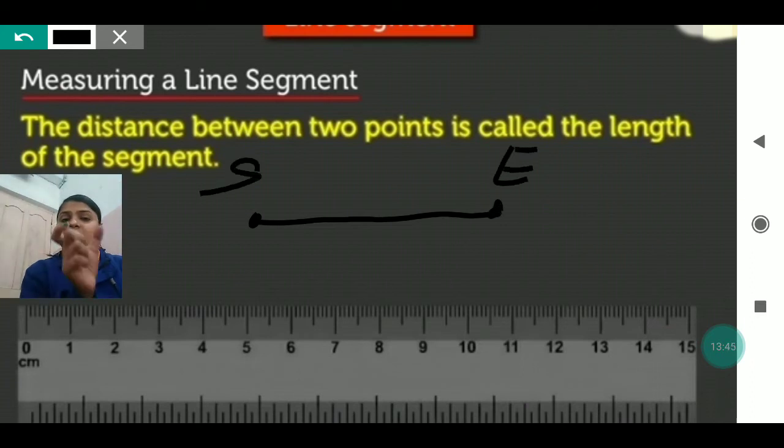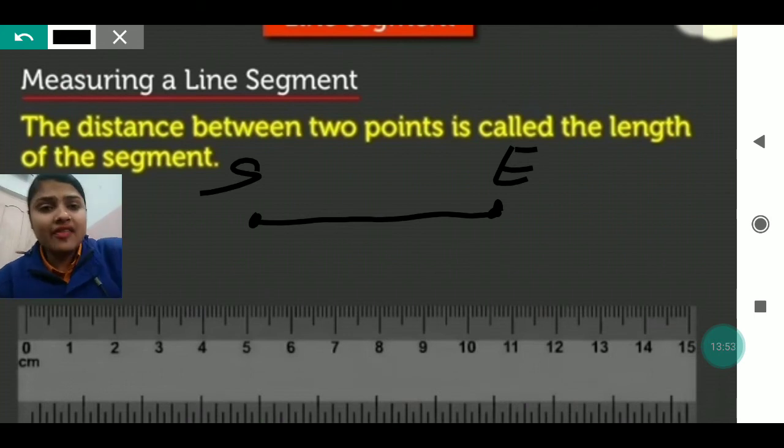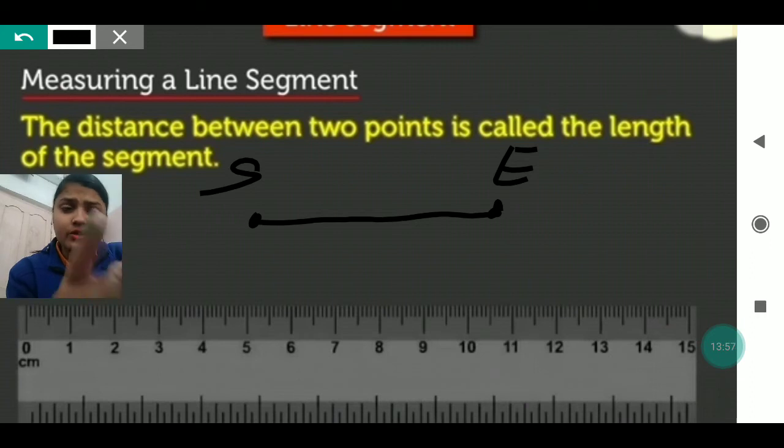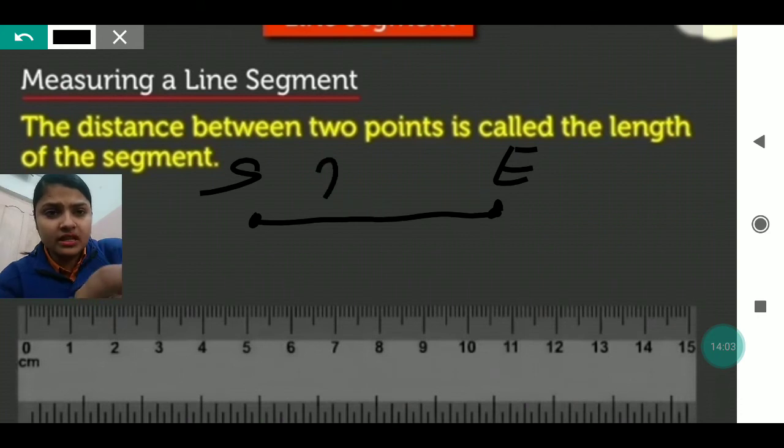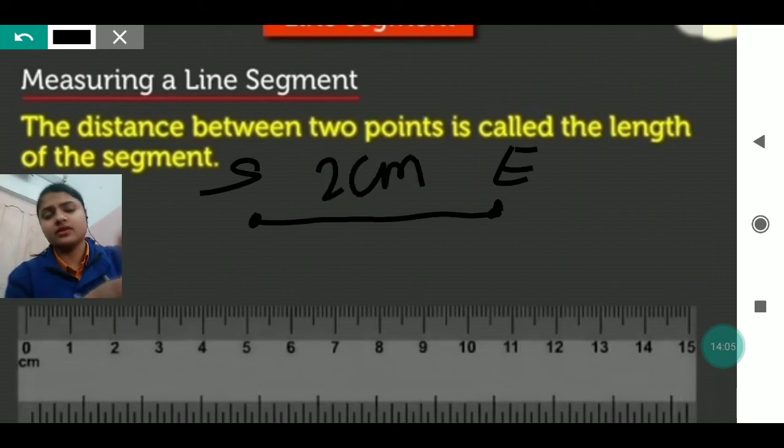What is the length from the starting to the end? That can be measured with the help of a ruler. The ruler will be put from the starting to the end point, and whatever length you get will be the length of the line. Suppose the length of this one is 2 centimeters, so you will write 2 centimeters.